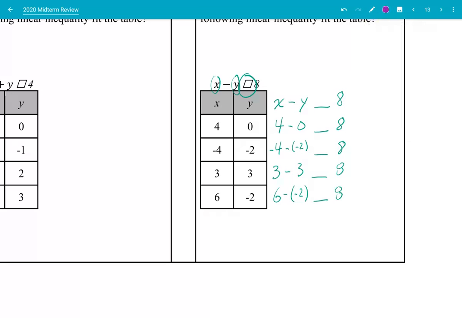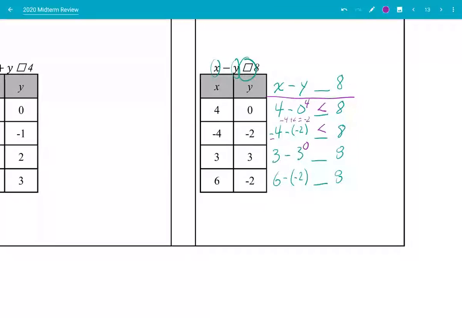Let's change colors. So 4 minus 0 is 4, and that is less than 8. Minus 4 minus a minus 2 is actually minus 4 plus 2, isn't it? Which is minus 2, and minus 2 is less than 8.